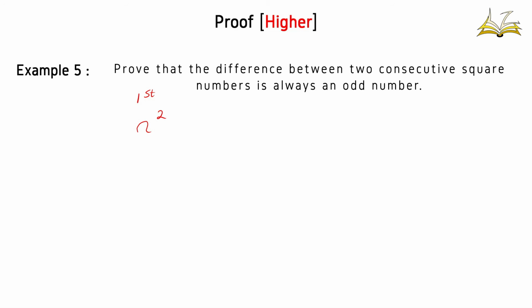Now my second one will be n plus 1 squared. It's similar to the previous example where I have my first number being n and my second number being n plus 1. The only difference here is that I'm going to have to expand this n plus 1 squared. So n plus 1 squared can be written as n plus 1 in double brackets, like so.